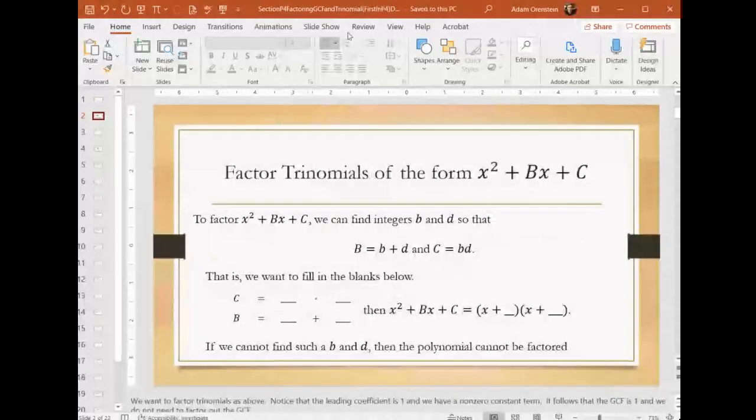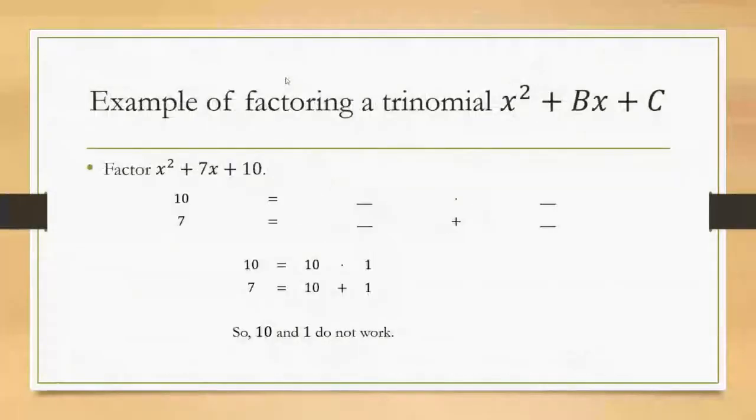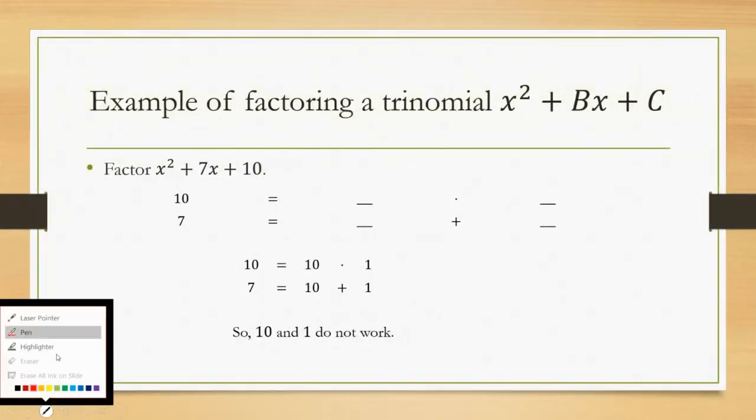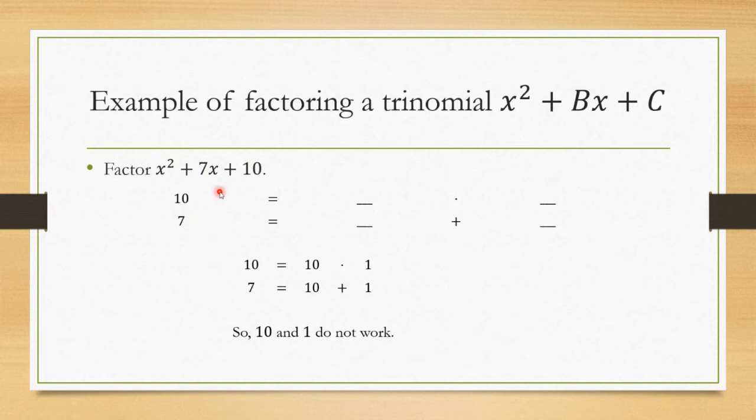All right, let's dive right into some examples. For the first one, we want 2 numbers whose product is 10, the constant term, and whose sum is 7.